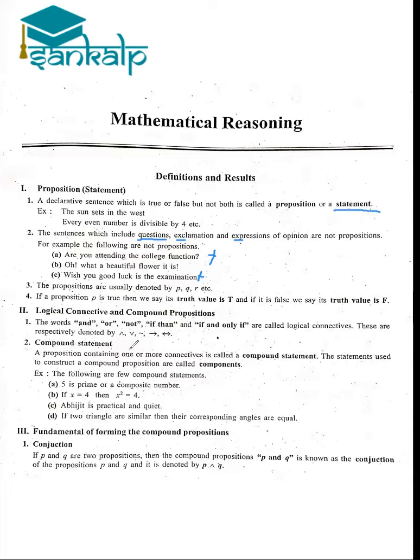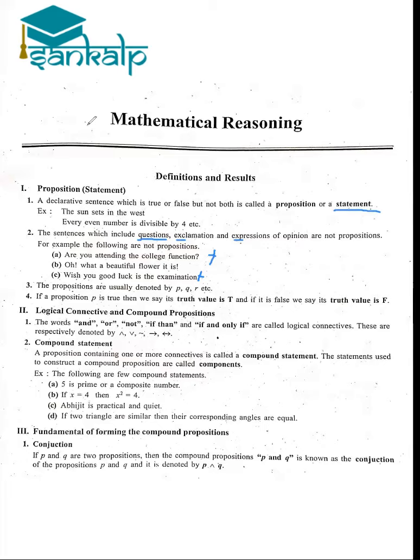A proposition containing one or more connectives is called a compound statement. The statements used to construct a compound proposition are called components. The sun sets in the west is a component. It is not mixed up with any connective.